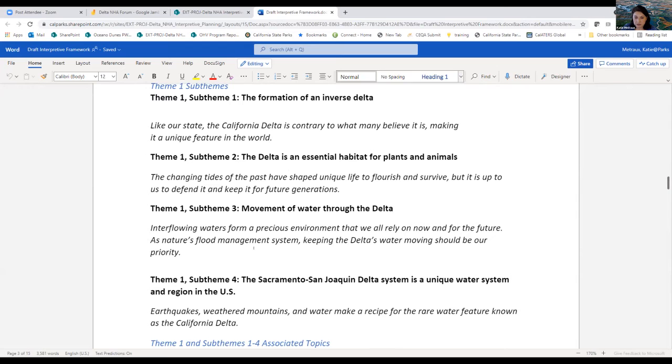So I can read them out loud, or I can... No, it's not necessary to read them out loud now. I think there may be things in here that you could draw back into the major theme to make it more thematic.